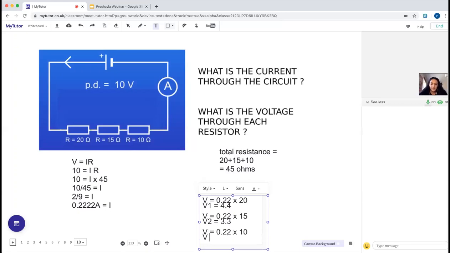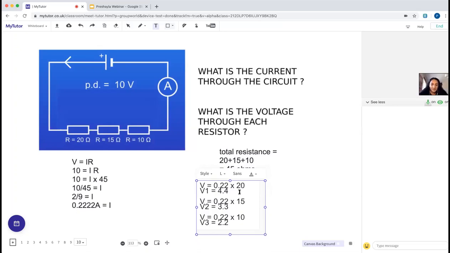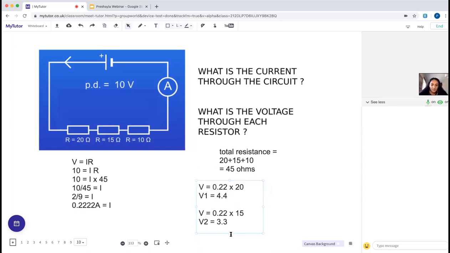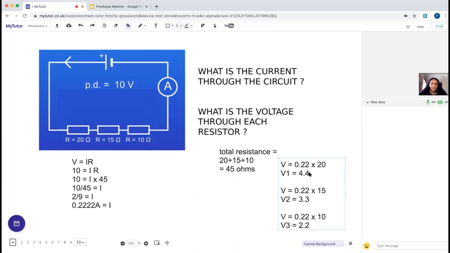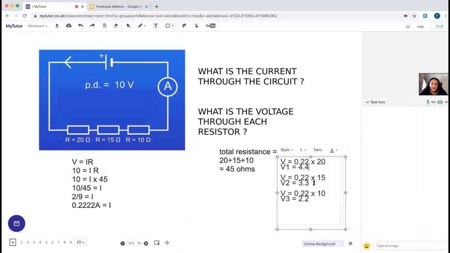So V3 equals 2.2. Okay, so hopefully you managed to get all three voltages for each resistor. Not forgetting your units. I always do that, oops. So remember they're in volts, 4.4 volts, 3.3 volts, and 2.2 volts.